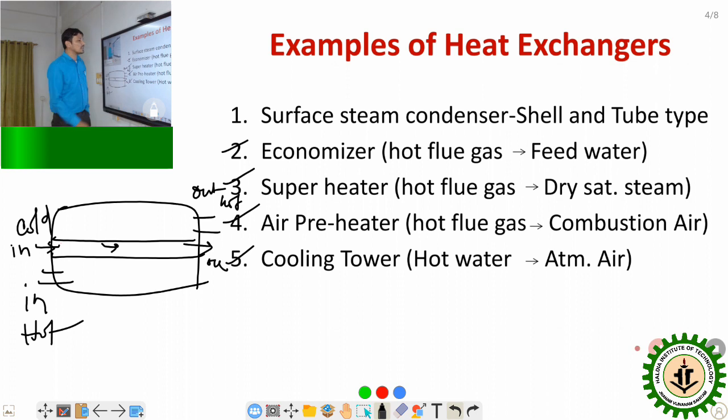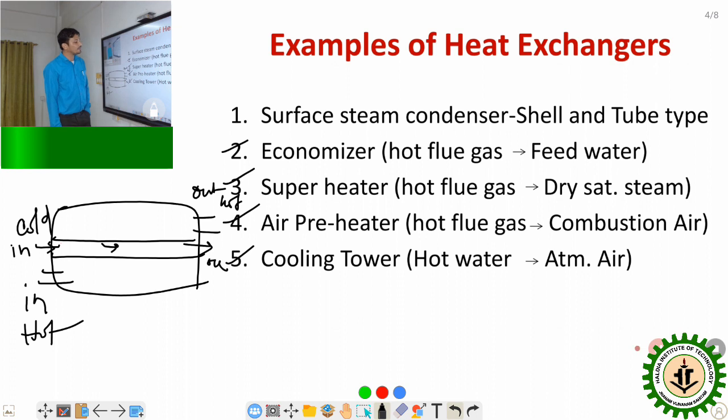Okay. The superheater is also one of the most important examples of heat exchangers, where the hot flue gas is again utilized to make the steam reach the condition or state of dry saturated. Okay. Next, the air preheater.